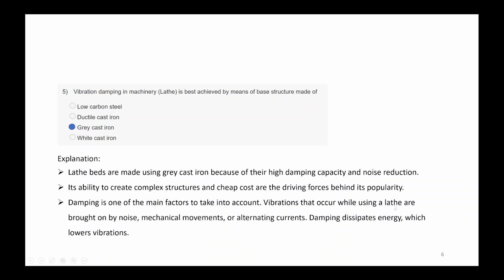Vibrations that occur while using a lathe are brought on by noise, mechanical movements, or alternating currents. Damping, which is a property of these cast irons, dissipates energy, which lowers the vibrations. So mainly we use grey cast irons in making lathe beds.